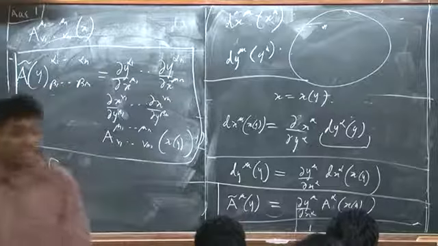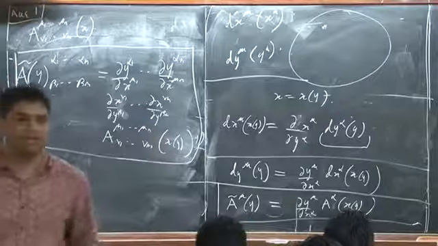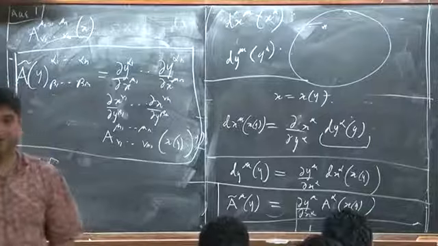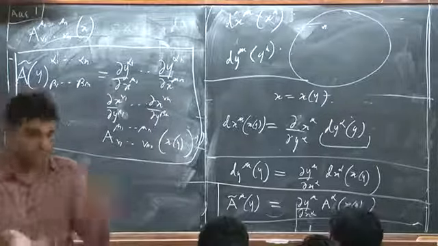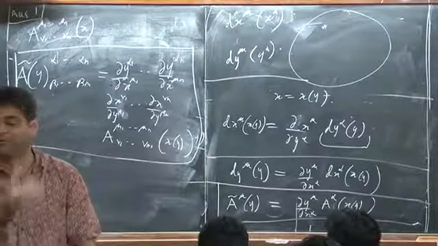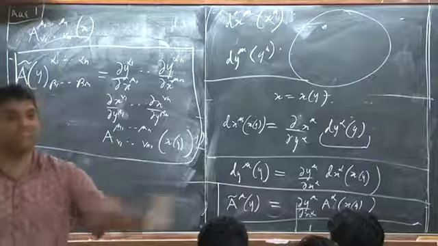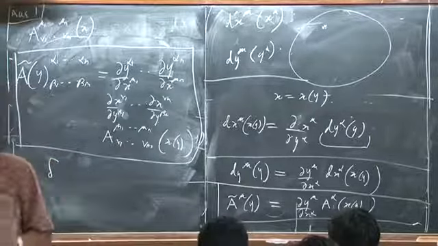Any tensor in one coordinate system can be transformed to another coordinate system. Nothing special. But, as we've seen, for instance, in the infinitesimal transformation law for the vector field, or for the one-form field, the functions A mu of x change when you do this coordinate transformation.